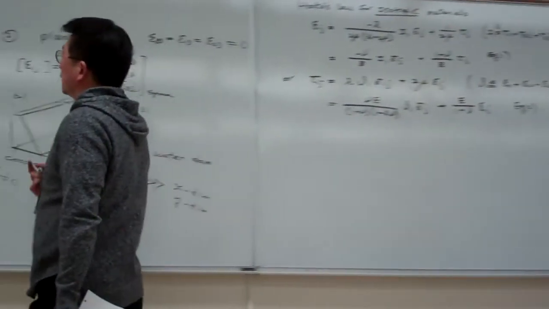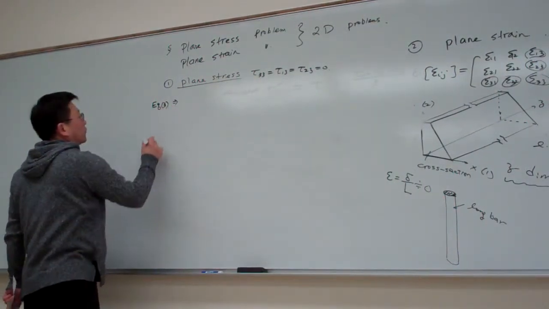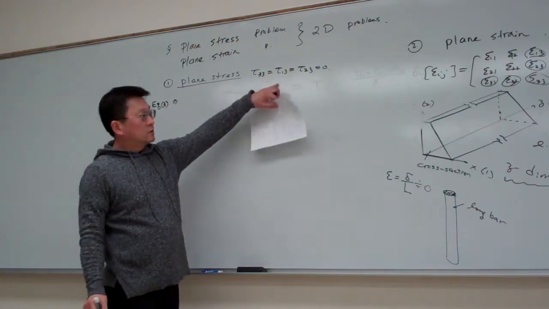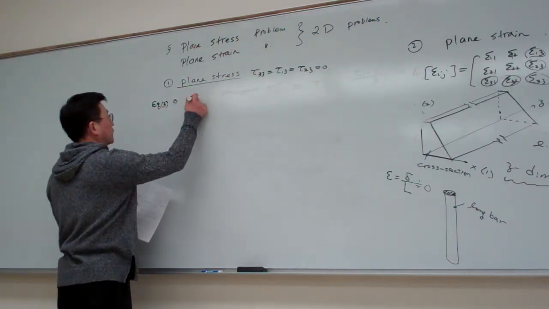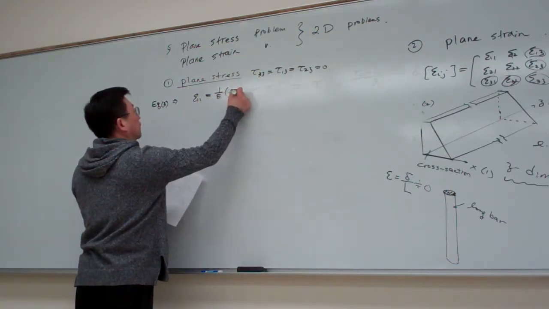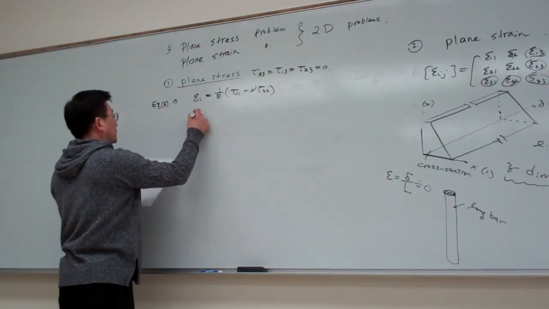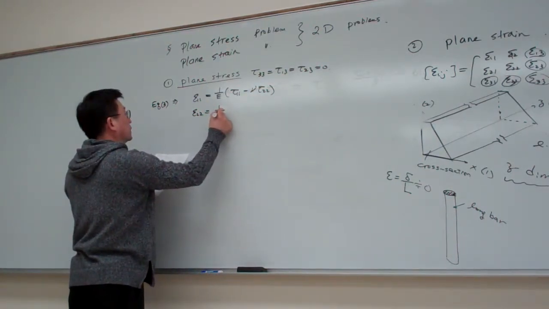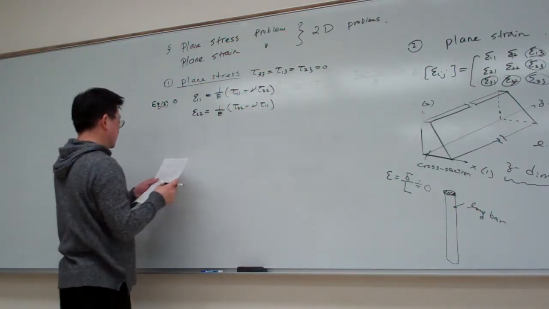So using those equations, using equation 3, we simply have the zero stress component introduced to equation 3. Then we have epsilon 1,1 equal to 1 over E, tau 1,1 minus nu tau 2,2, and epsilon 2,2 equal to 1 over E, tau 2,2 minus nu tau 1,1.